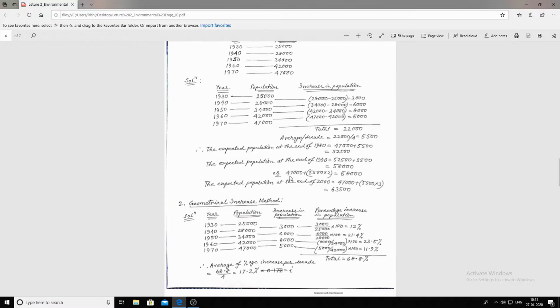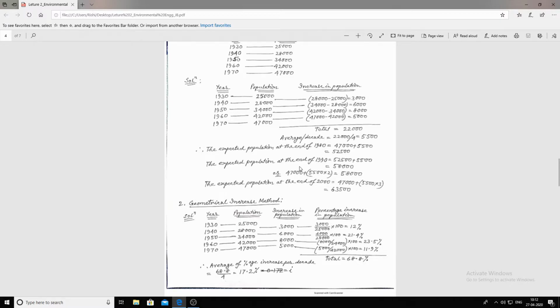Or you can calculate in another way also: if you consider 47,000, the 1970 population, as a baseline population, then 47,000 plus 2 decades, that is per decade increase in population 5,500 into 2, gives the same result. Similarly, the expected population at the end of 2000 is equal to 63,500, right.